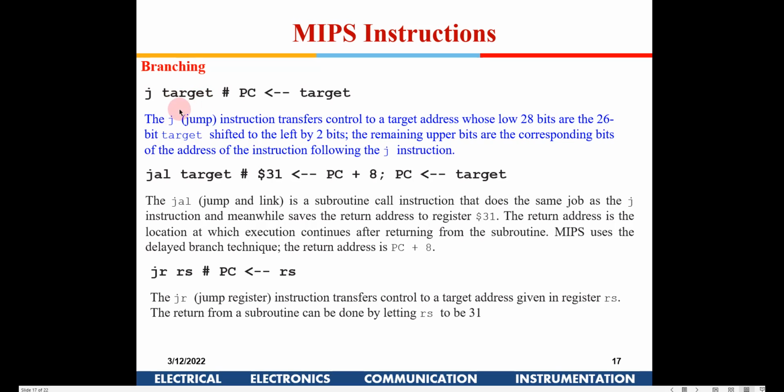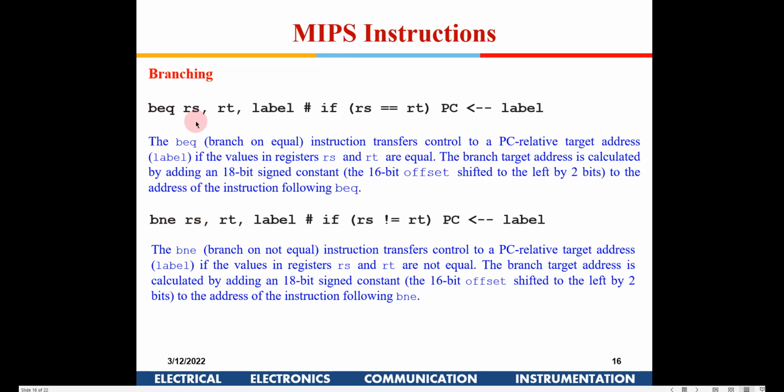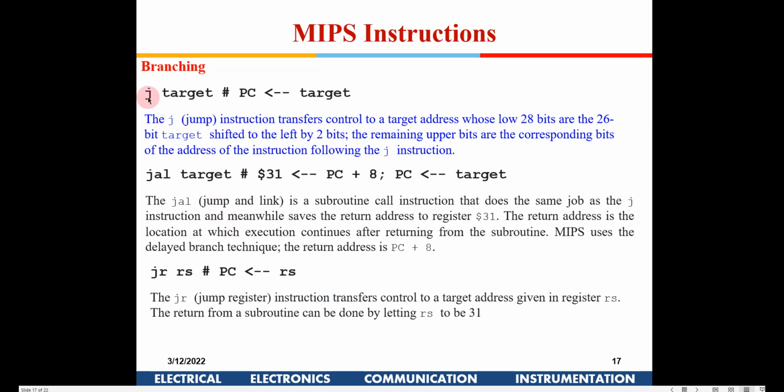Here we are not checking for any conditions. The moment you write jump, it will straight away jump to that new location. Earlier it was conditional jumps, where you check whether they are equal or not. Here this is an unconditional jump. Straight away it would jump.